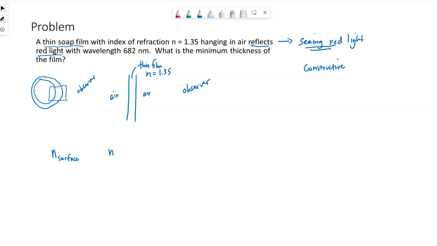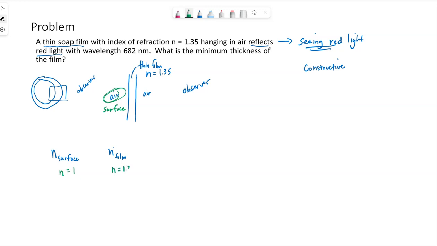The surface is always what the thin film is on, or whatever's on the other side of the thin film compared to the observer. So in this particular case, our surface is this air. So n of the surface is essentially 1 in this particular problem.